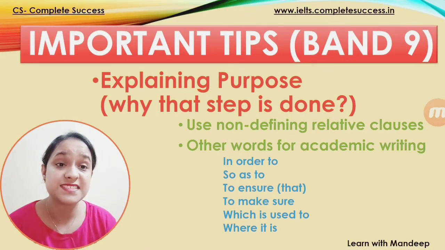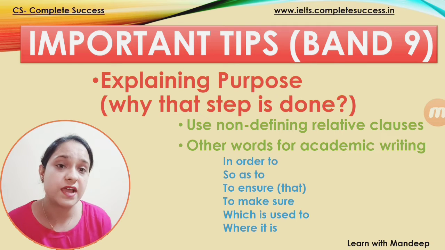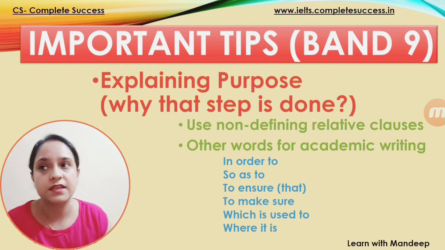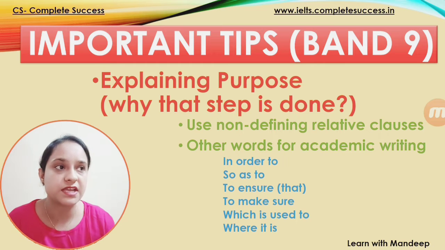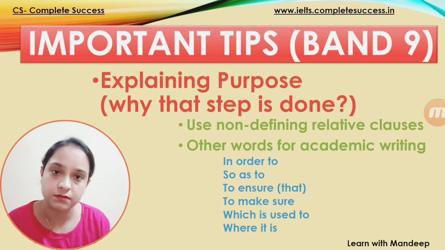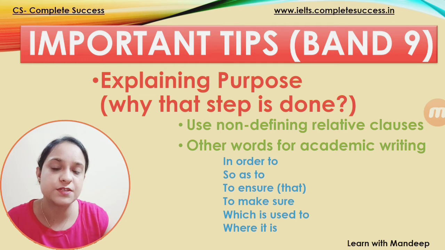Next, explaining purpose, that is why that step is done. If you are explaining any step, you can add extra information by explaining why that step has been done. Like something is put outside under the sun, you can explain why: for drying, in order to dry, or you can make a sentence depending upon the diagram.